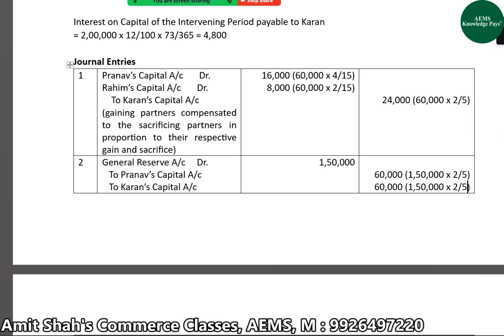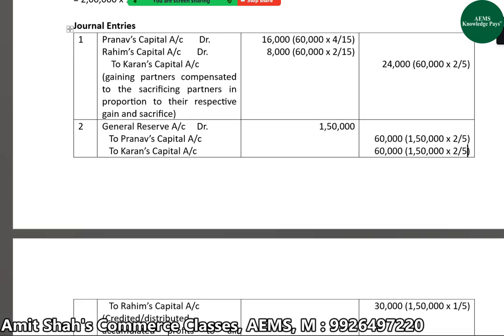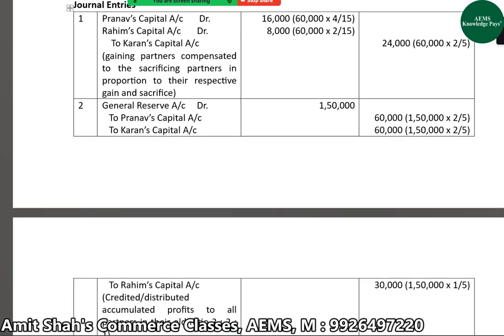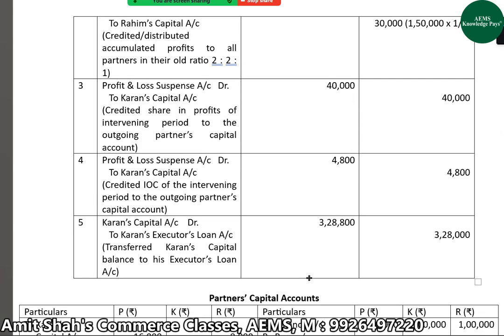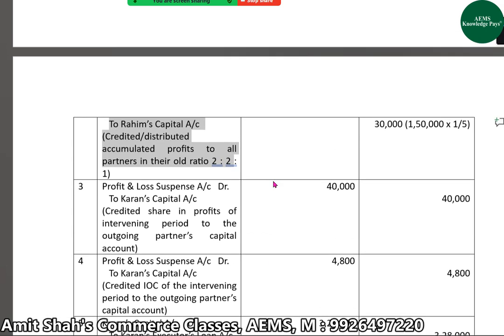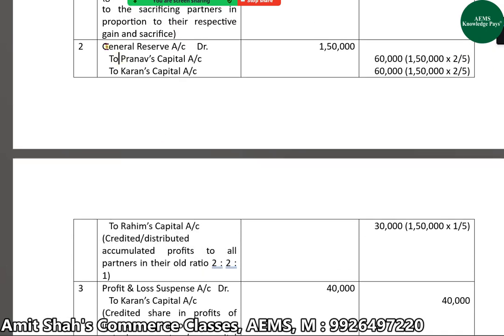Abir. The second journal entry is ending here, guys. Right? This is the second journal entry.